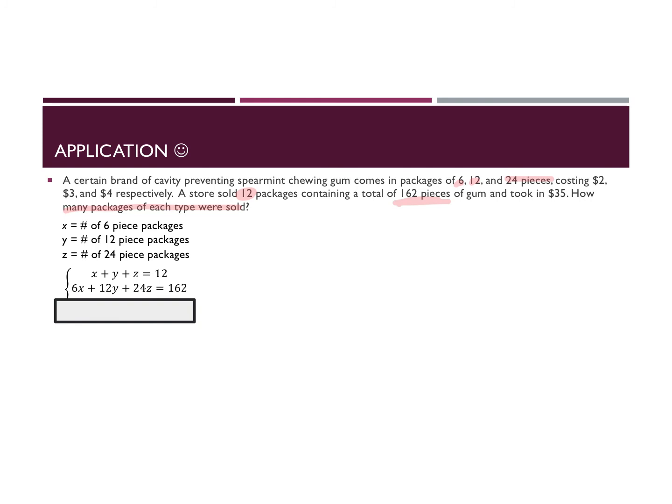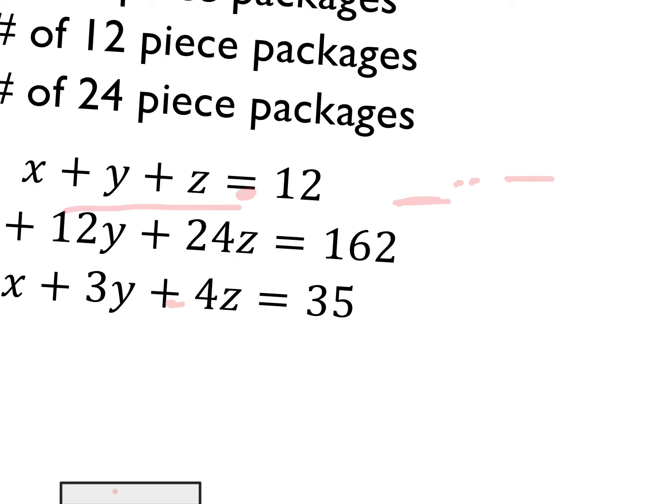And then the last thing we have is regarding the money. So we know that there is altogether $35, and we have 2x, 3y, and 4z. And all we have left to do now is to figure out how many of each pack that we have.